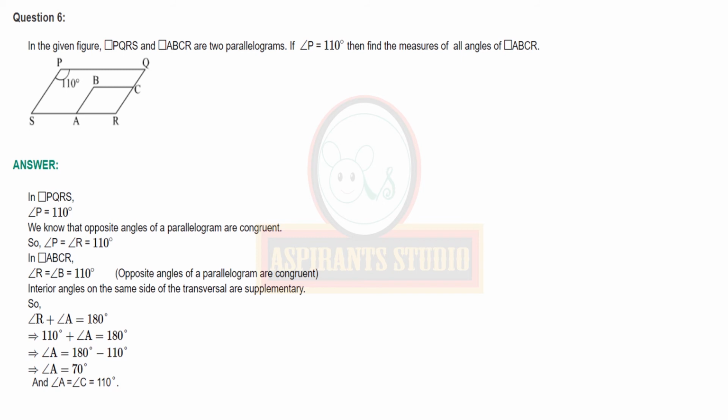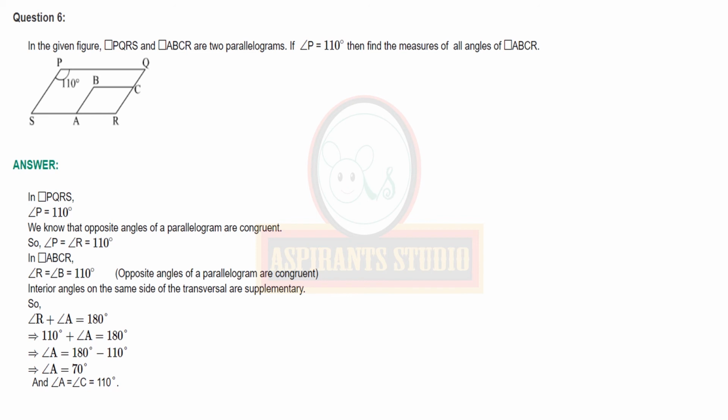Quadrilateral PQRS is a parallelogram. Also quadrilateral ABCR is a parallelogram, is given. In PQRS, measure of angle P is equal to 110 degrees is also given. We know that opposite angles of a parallelogram are congruent.